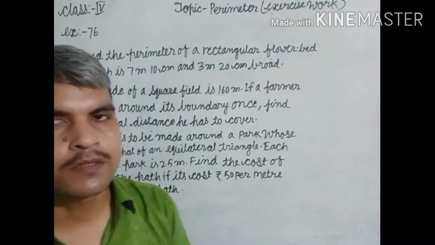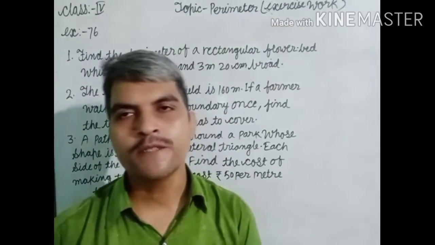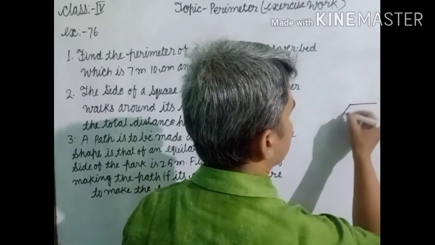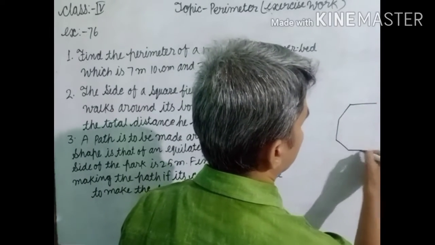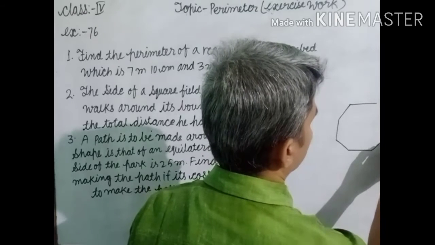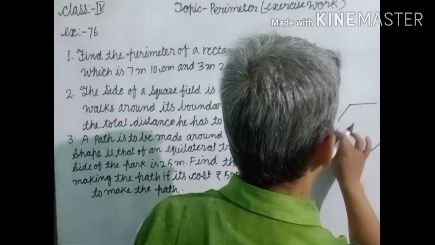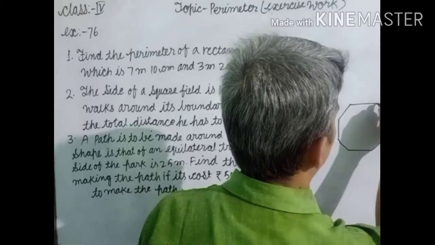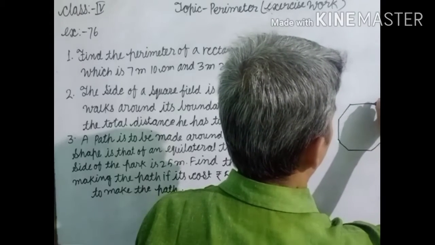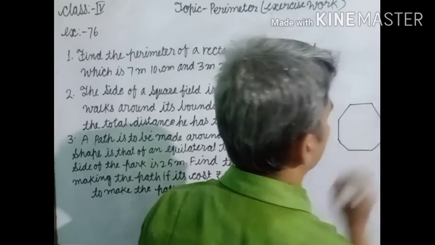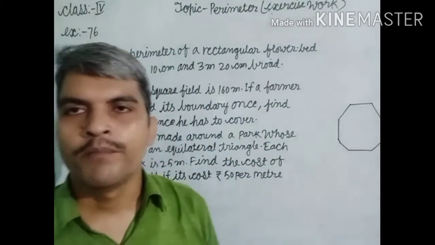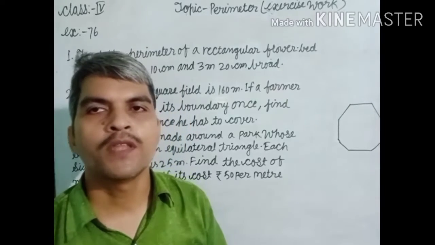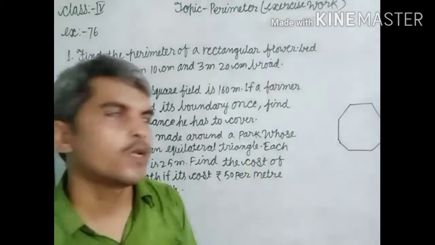So, dear students, first of all, what is perimeter? Suppose this is the figure. Perimeter means the total length of the boundary.